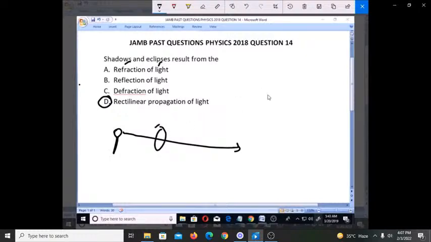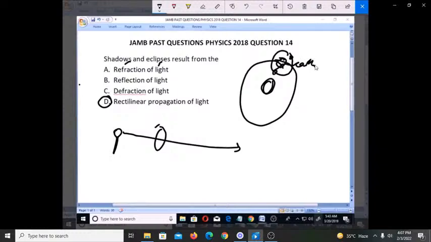Eclipse happens when the sun is at the middle, with the earth revolving around it, and the moon revolving around the earth. Whenever the moon is in between the earth and the sun, you have what we call eclipse, which is a special kind of shadow cast on the earth because of the blocking caused by the moon.